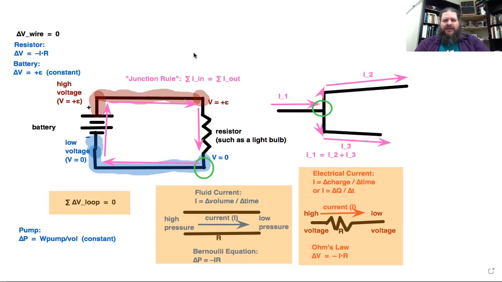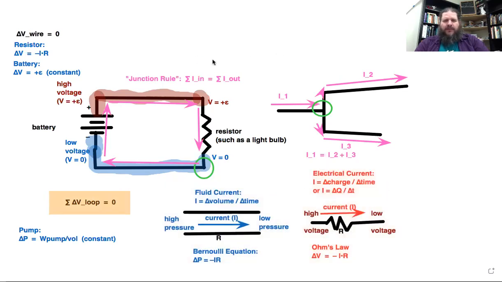Resistance is typically measured in ohms, which is the same ohm as in Ohm's law. For units of measurement, voltage, of course, is in volts, current is in amps, and resistance is what's called ohms, which is abbreviated as a capital Greek letter omega.